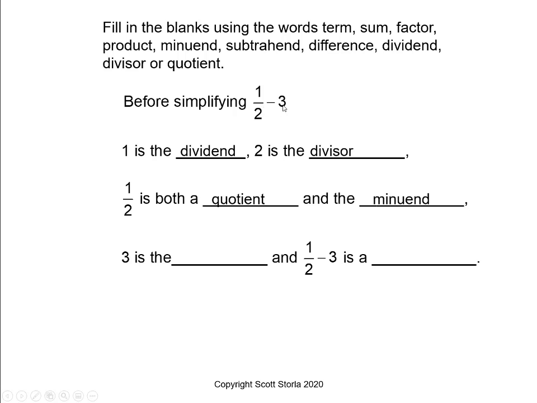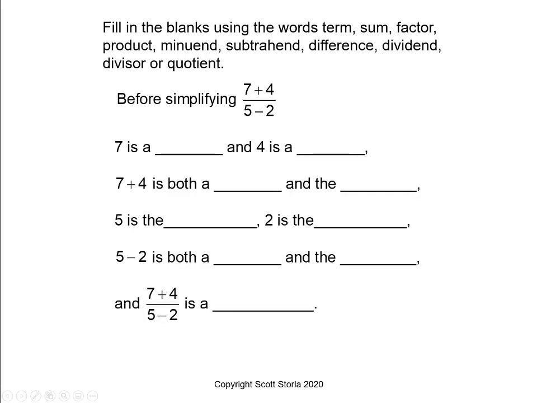The 3 is the subtrahend, since it's to the right of the subtraction symbol. And since if we followed order of operations, we would divide first and subtract second, the entire expression is a difference.